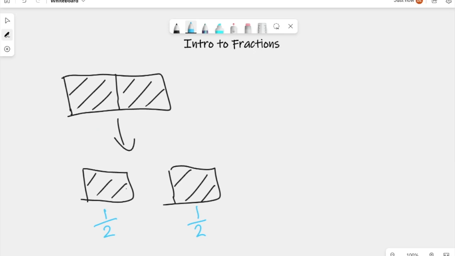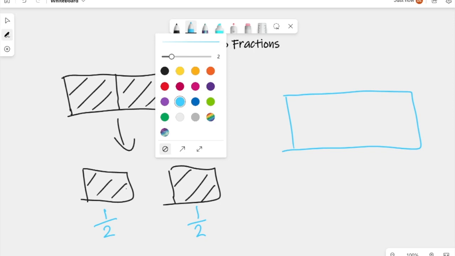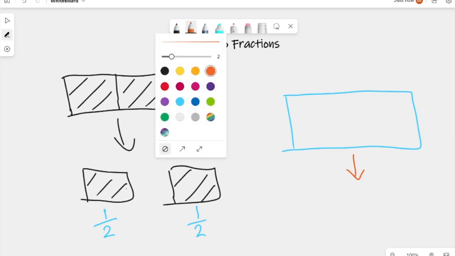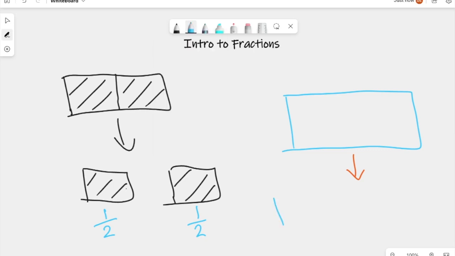So I have another block of chocolate here, and I split this up into three different bits. So I have another two friends. I split this up and I have one block here, one block here, and another block here.